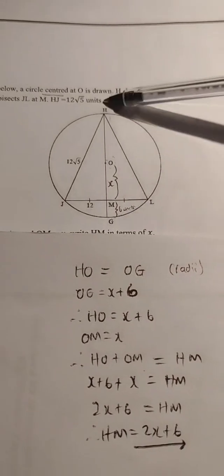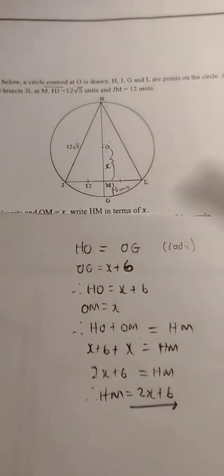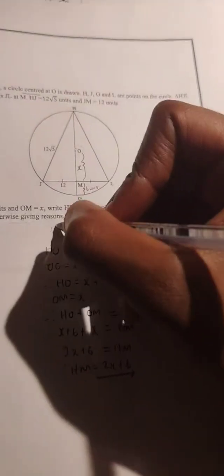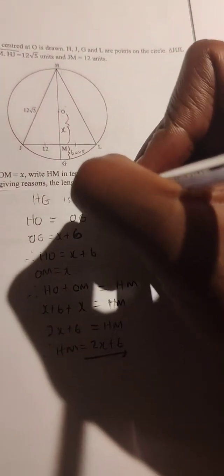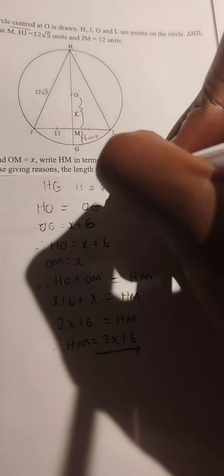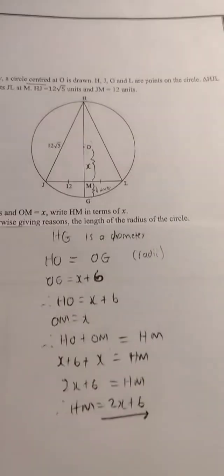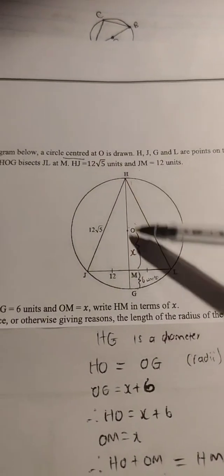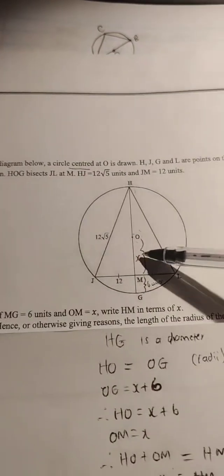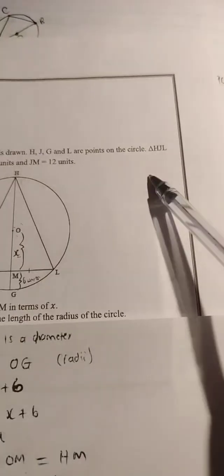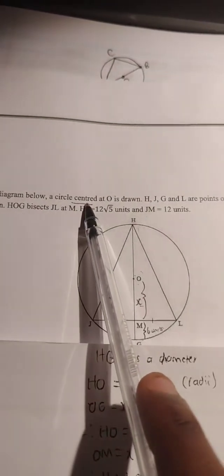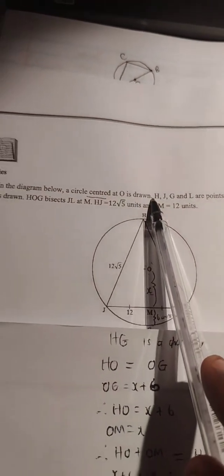This HG, we can all agree, is a diameter. Why can we say HG is a diameter? We were told that in the diagram below, a circle centered at O is drawn.